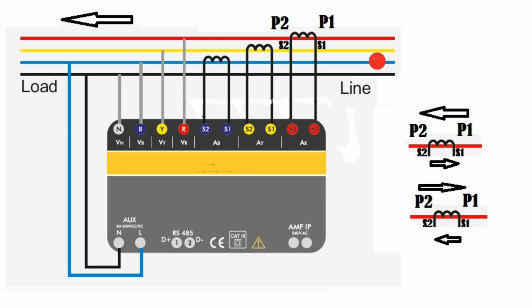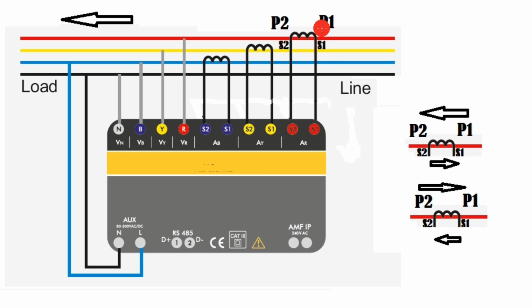Now consider that this is the bus side and this is the load side, and the CT is connected such that P1 is connected to the bus side and P2 is connected towards the load side. This is the S1 terminal and this is the S2 terminal of the CT secondary side.